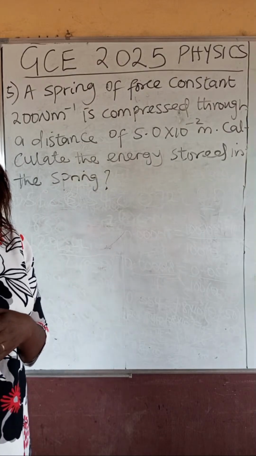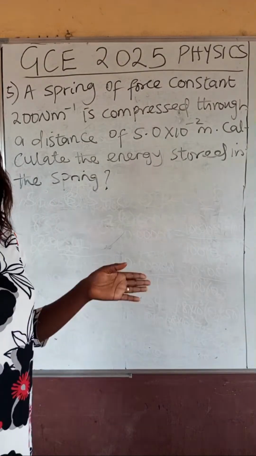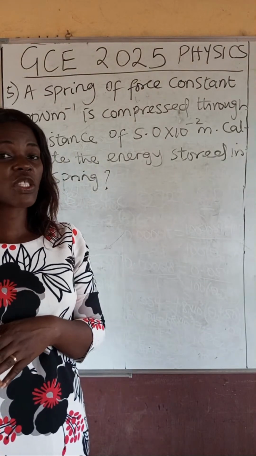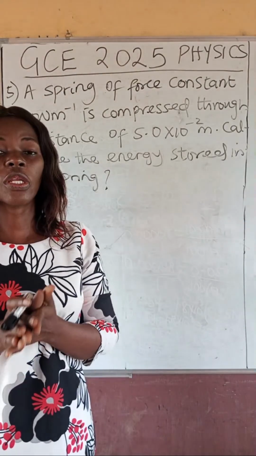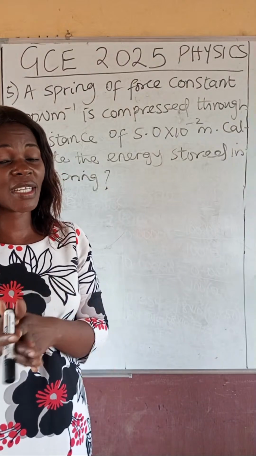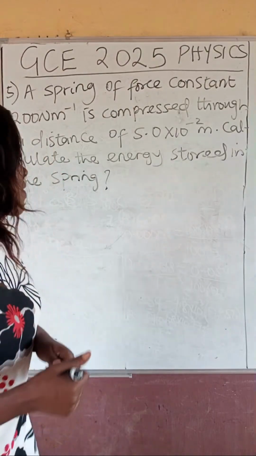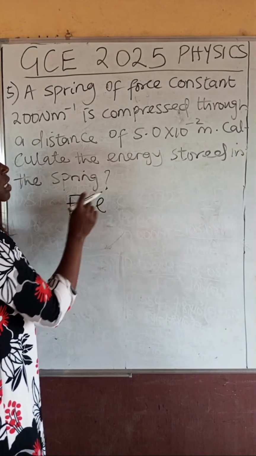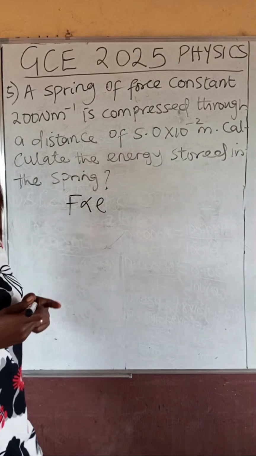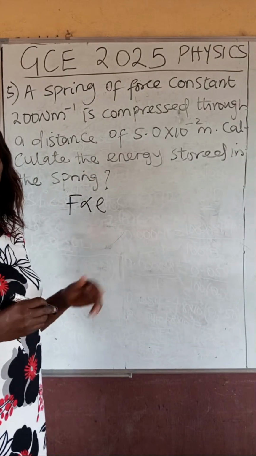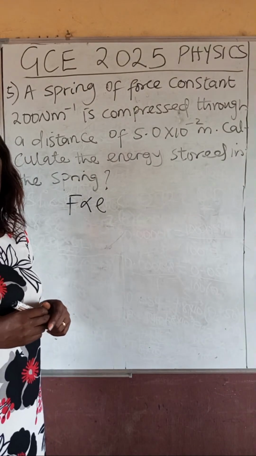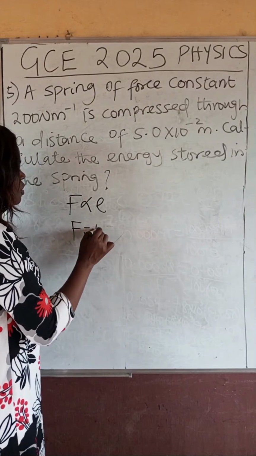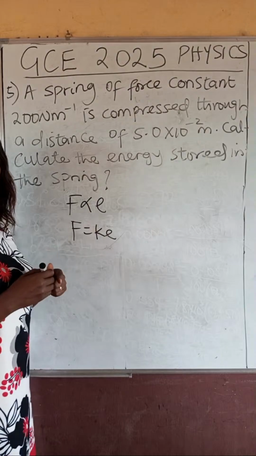Now if I refer to Hooke's law, it states that provided that the elastic limit of an elastic material is not exceeded, the extension e is directly proportional to the applied force F. So F is proportional to e. And remember that in every law in physics, we must remove this proportionality sign to introduce a constant, by saying that F is equal to Ke.